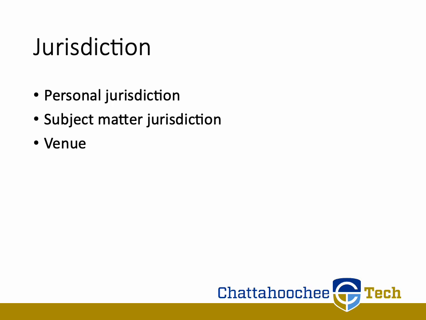Some common errors are, again, filing it in the wrong court, like filing a contract dispute in federal court. Or, I'm sorry, it's about a state law, for the contract dispute, but you're filing it in federal court.